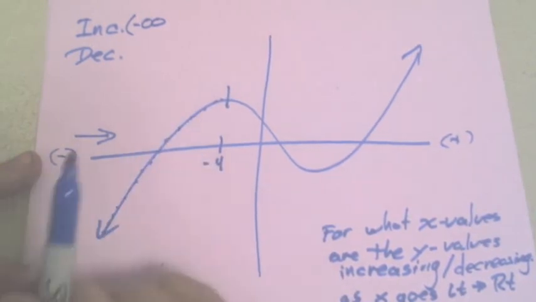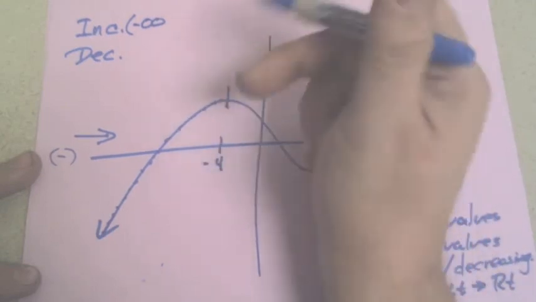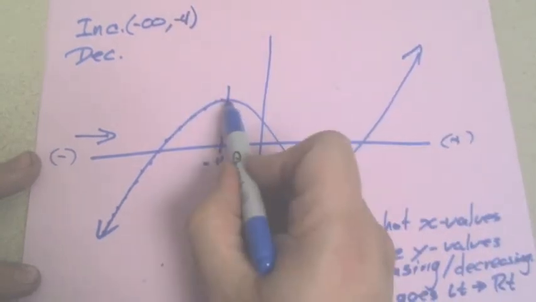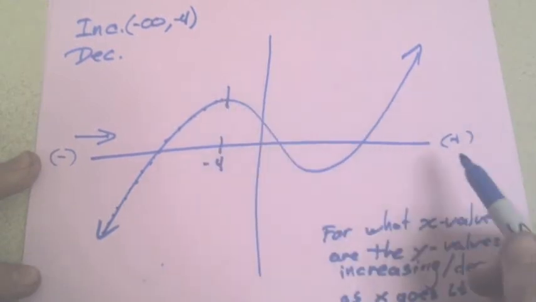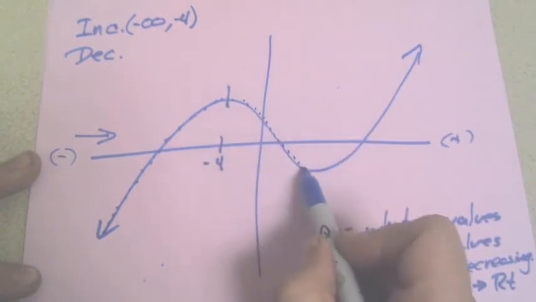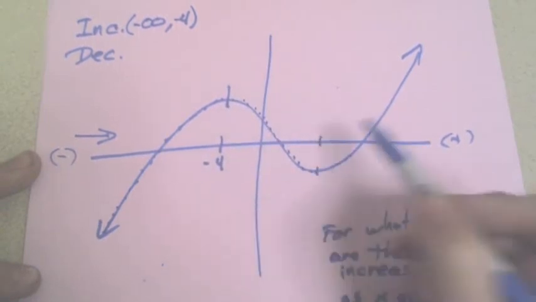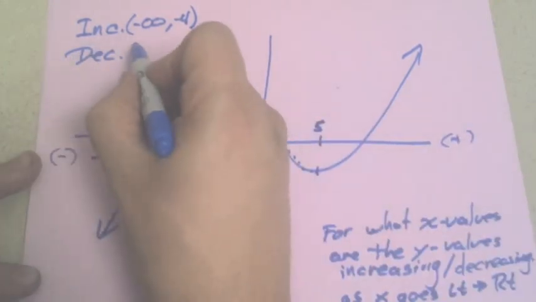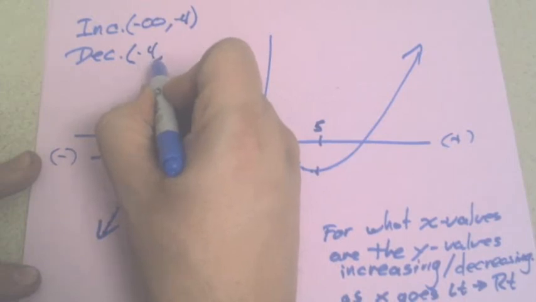We'd be increasing all the way until negative 4. At negative 4, at that peak, we're neither increasing nor decreasing. And then we would be decreasing, our y value is going down, until we get to whatever that value is. I'm going to call it 5. So we'd be decreasing from negative 4 to 5.